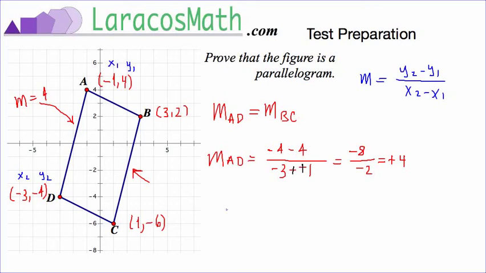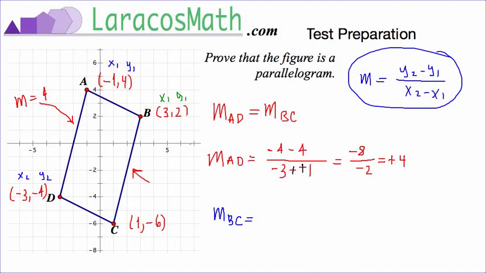So this slope BC equals, and I'm following also this formula, and I'm gonna mark this as x1, y1. Let me mark better. This is y1, so this is x2, and this is y2. So my slope now is y2, which is -6, minus y1, which is 2, over x2, that is 1, minus x1, that is 3.